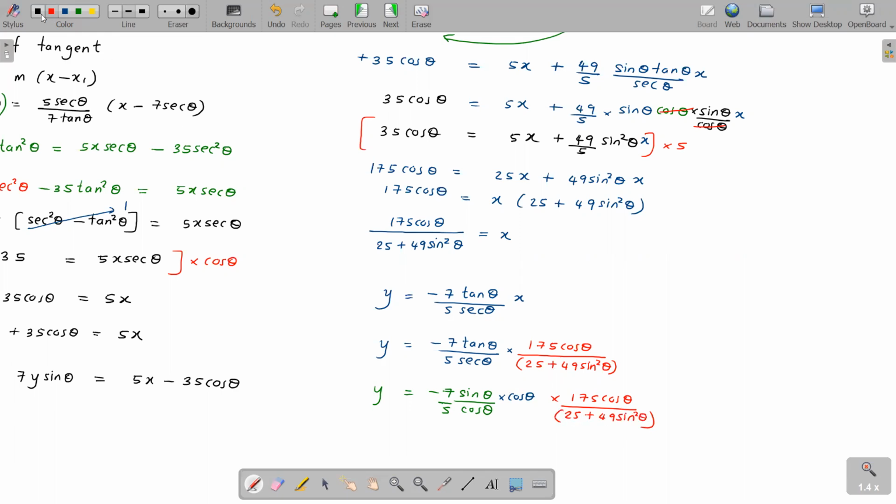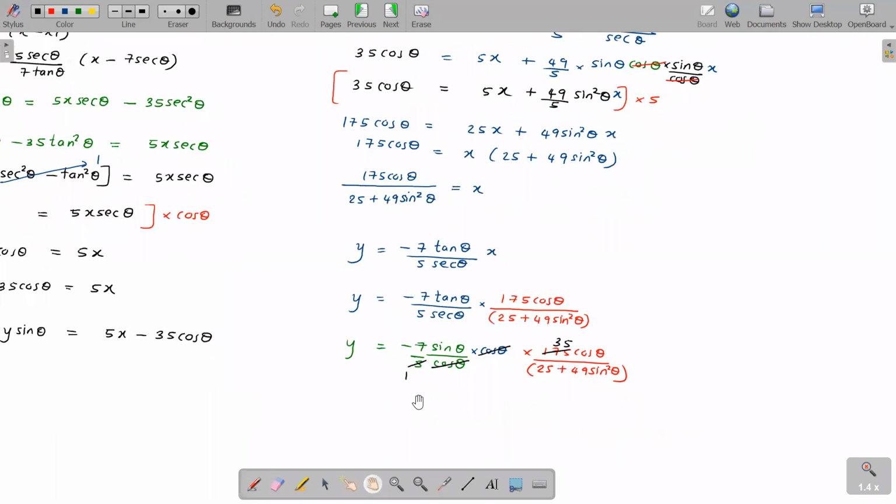You can see here this time cos theta cancels off. Is that correct? 175 and 5 we can also simplify: 175 divided by 5 is 35. So we multiply minus 7 times 35, which is minus 245 sine theta cos theta over 25 plus 49 sine squared theta.